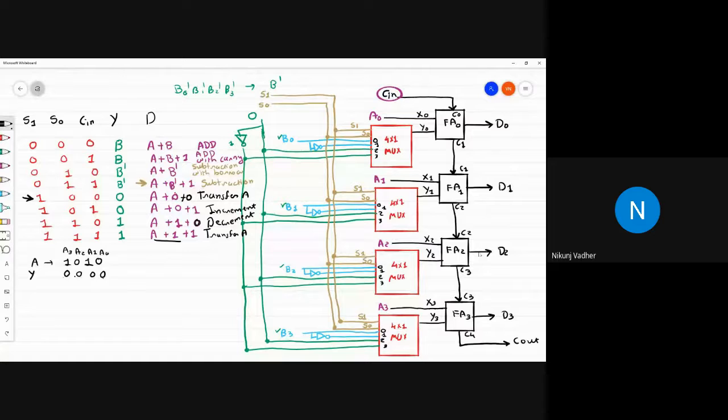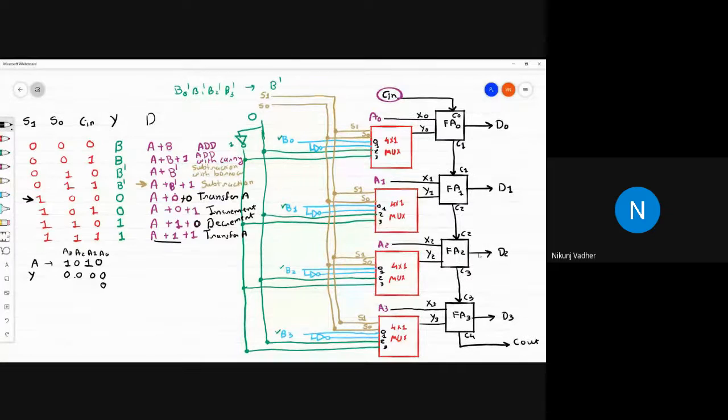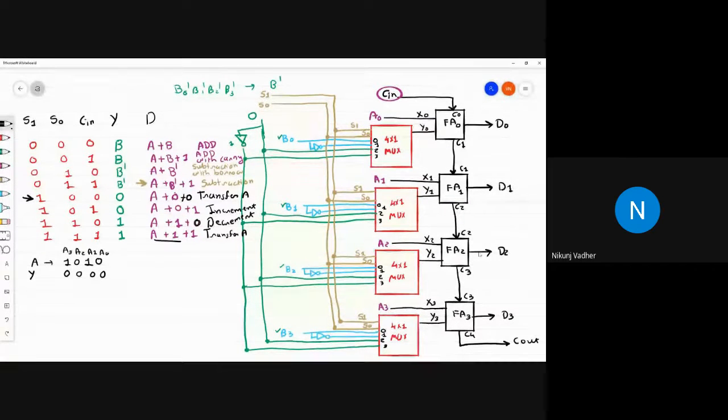And what is the value of carry in this case? The value of carry in is 0.